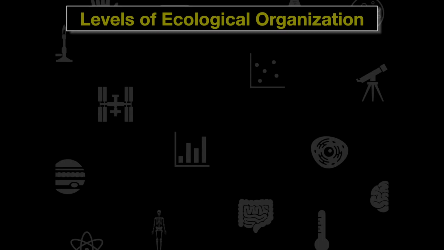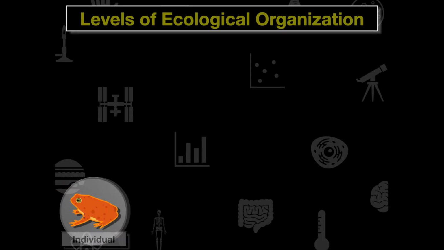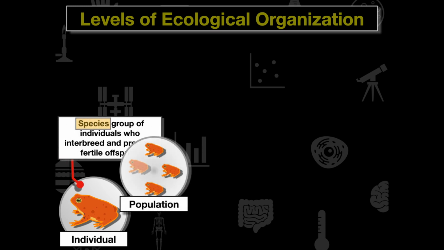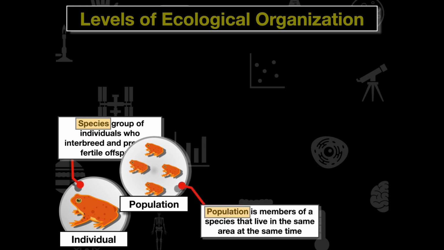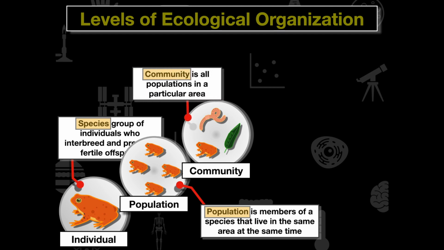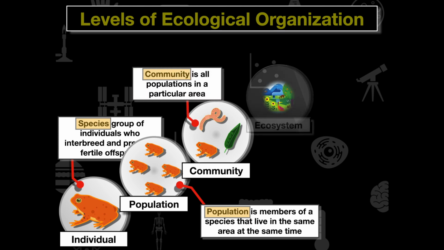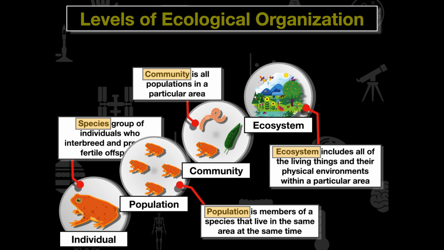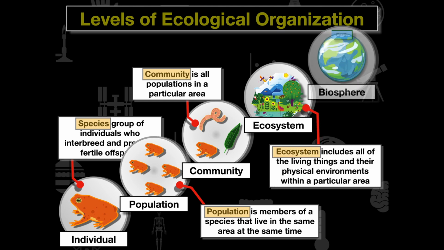Now lastly, to review this unit, we have to understand the levels of organization of the ecosystems. We can see individuals, then species, then populations, therefore communities, then ecosystems, and then lastly the biosphere.